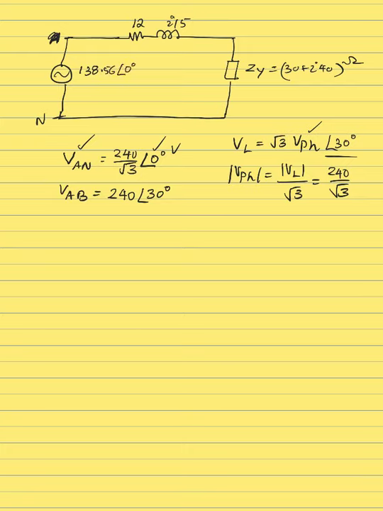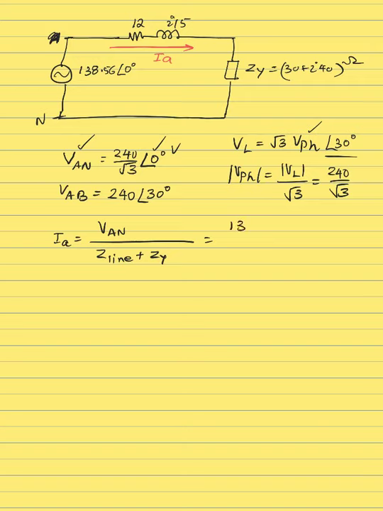And what are we calculating? We're calculating this current here, I_A. From this single phase equivalent circuit, using Ohm's law, I_A is V_AN divided by the total impedance, which includes both the line impedance and the load impedance.